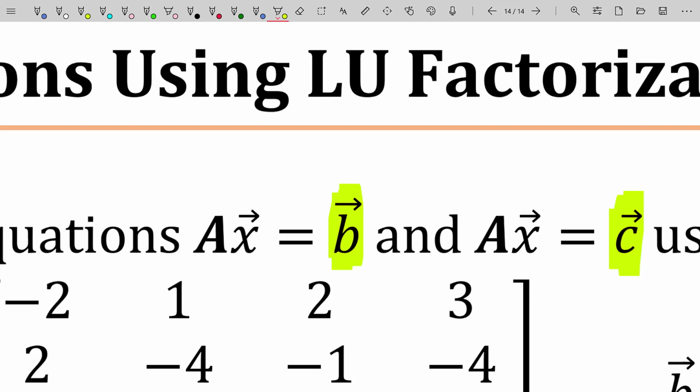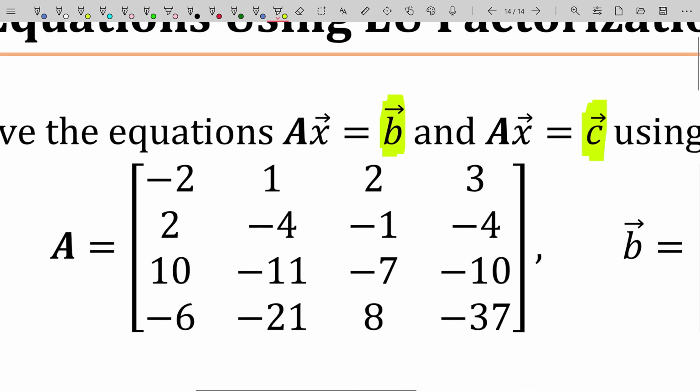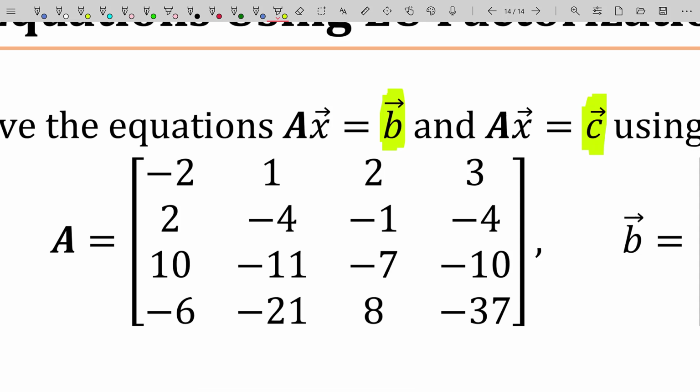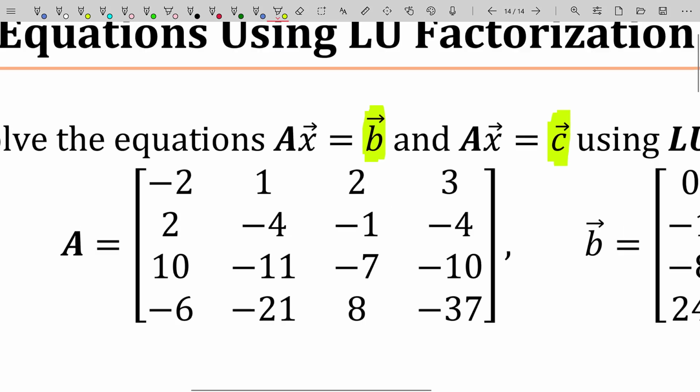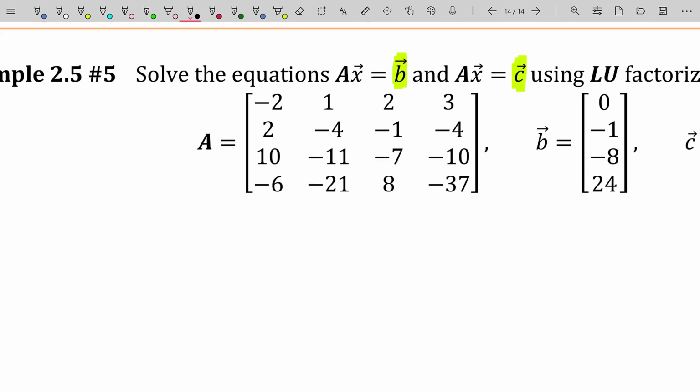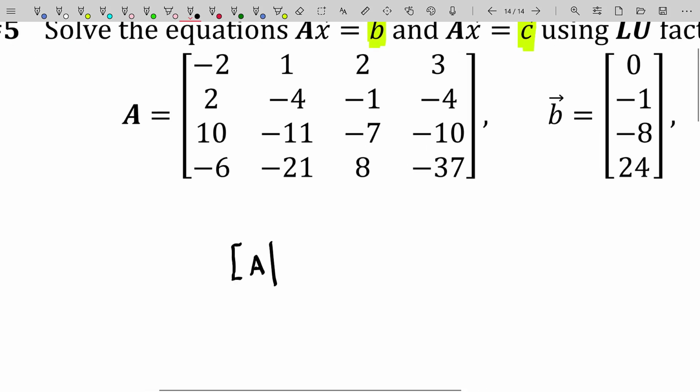The something is either b, c, d, or e. It's one of these 4 vectors. Well, in that case, with a 4x4 matrix, you actually would spend more time finding the inverse than you would if you had just augmented the matrix A with those 4 vectors that somebody showed up with.